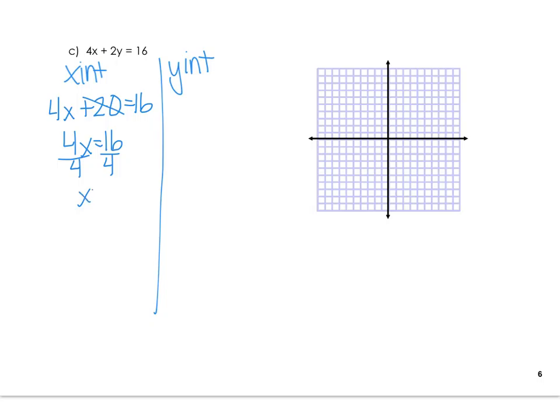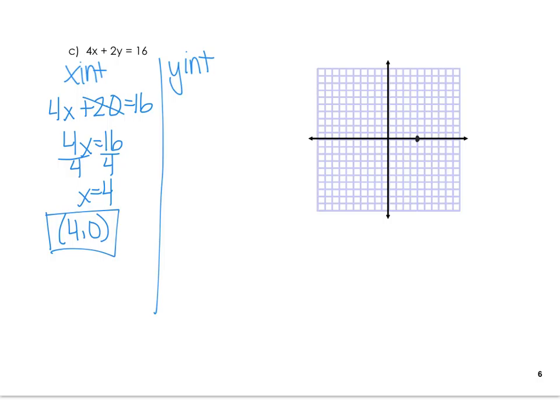And solving that equation, we end up with x equals 4. This ordered pair students usually don't have any problems with at all for writing that one. But again, the x-coordinate is your first one, so that's why the 4 goes in that first position. And graphing it at 4, 0.